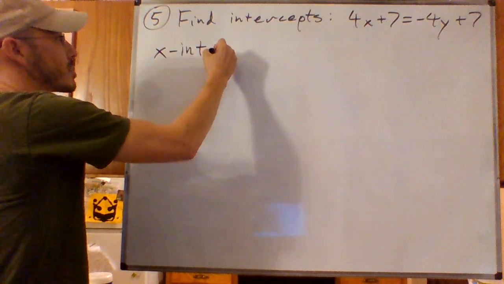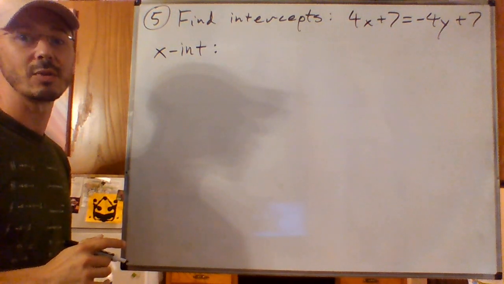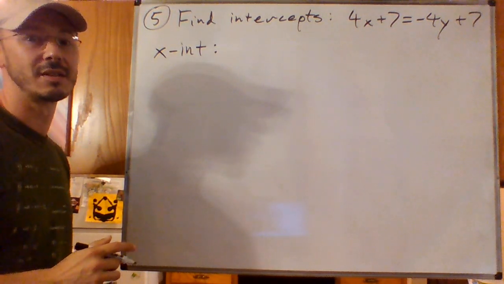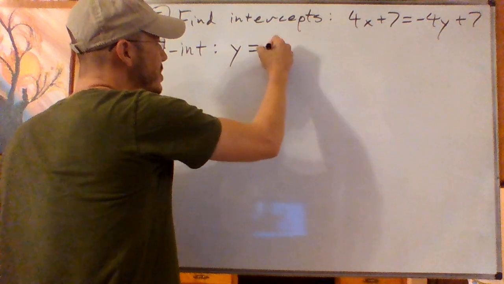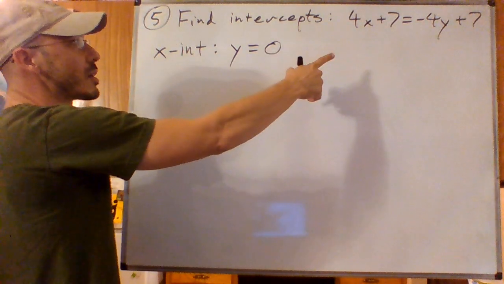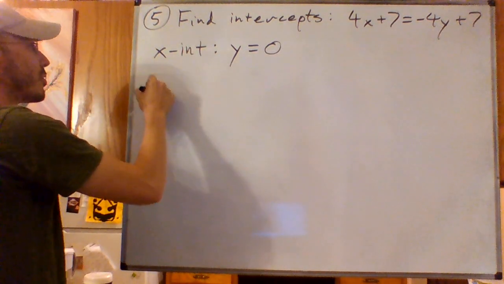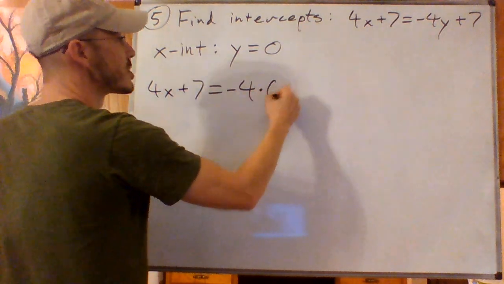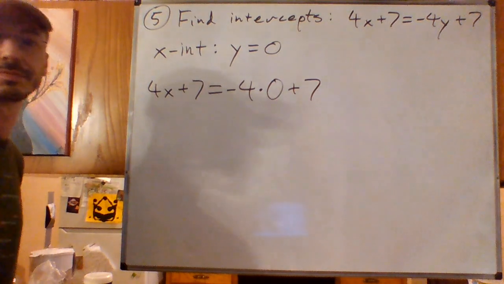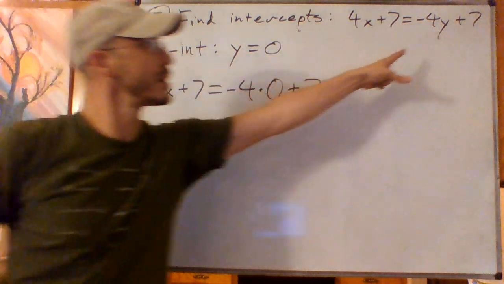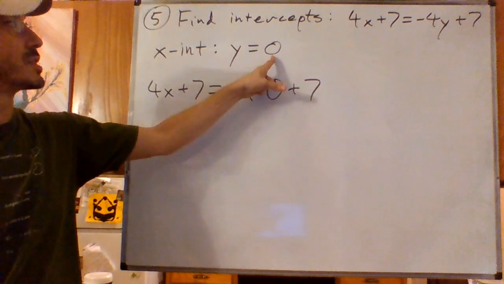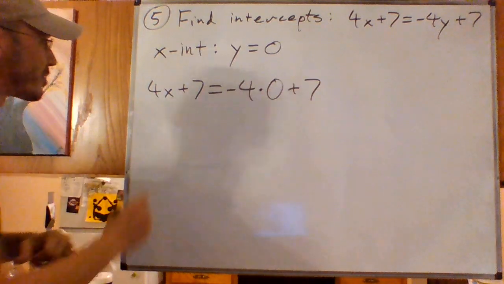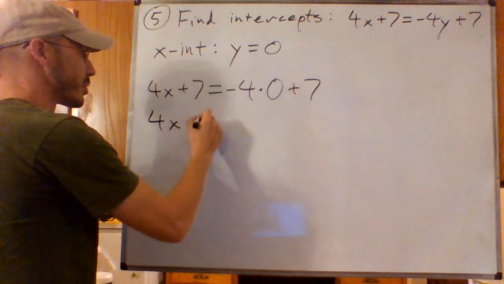First, the x-intercept. How do I find that? I set y equal to 0. What that means here is 4x plus 7 equals negative 4 times 0 plus 7. I just replaced the y with the number 0. Now I'm going to simplify. This side doesn't simplify, 4x plus 7.